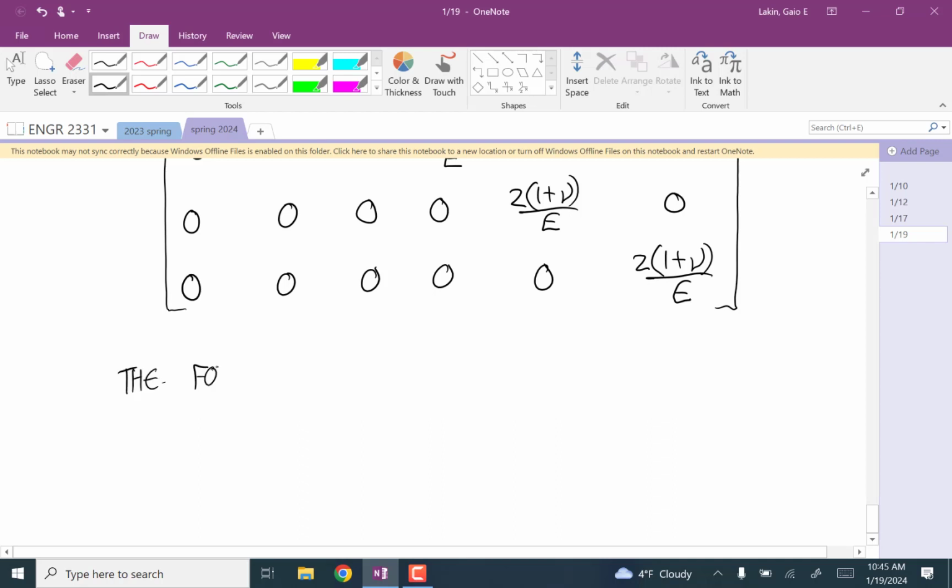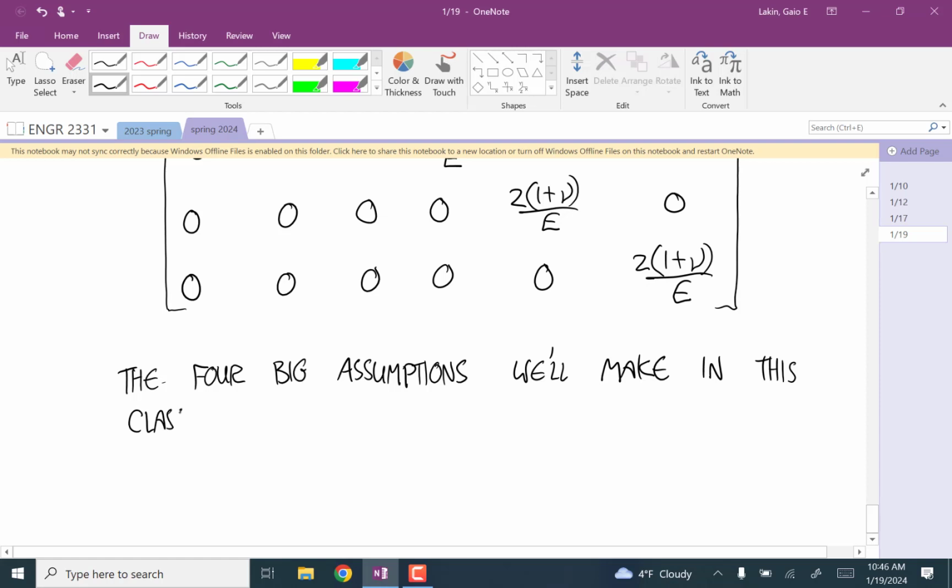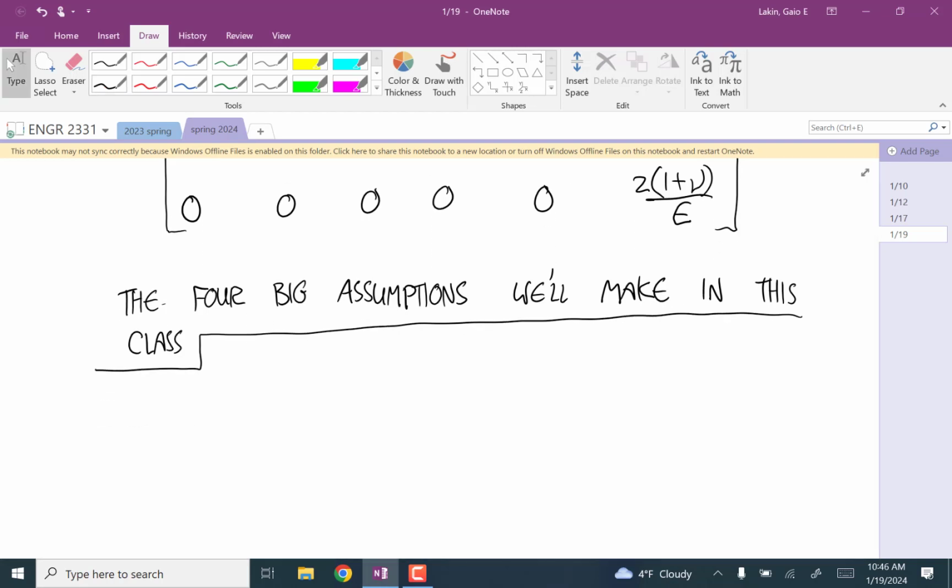So these are the four big assumptions that we're going to make in this class. The first one is that the deformations are small.